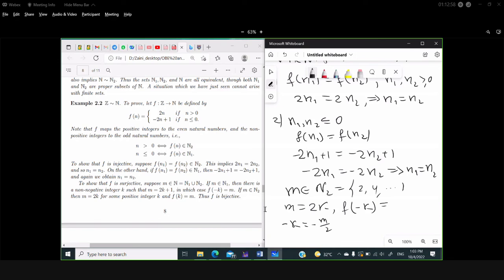If it is negative, we will use this rule. So minus 2 times minus k plus 1 equals 2k plus 1. It should be m, actually. So f of k should be equal to m.